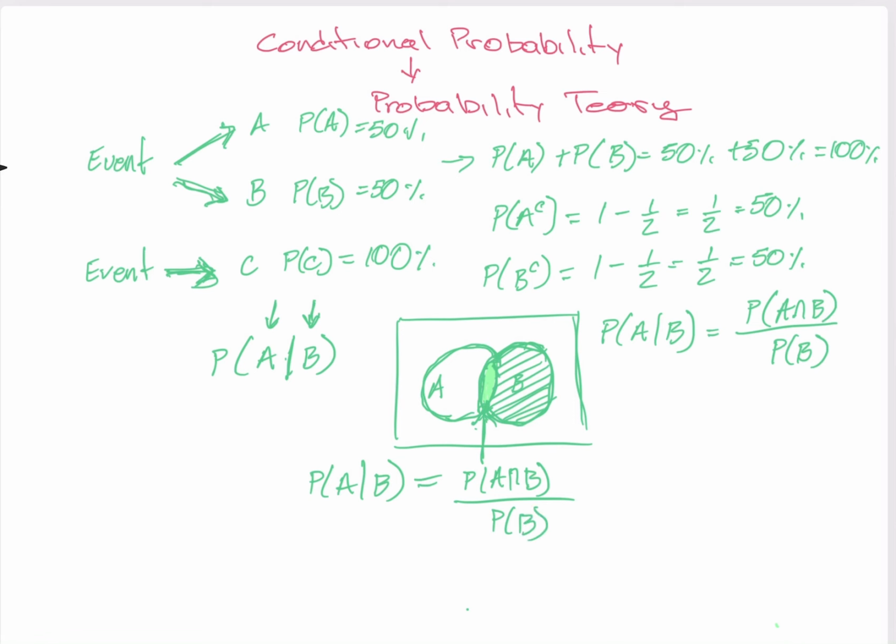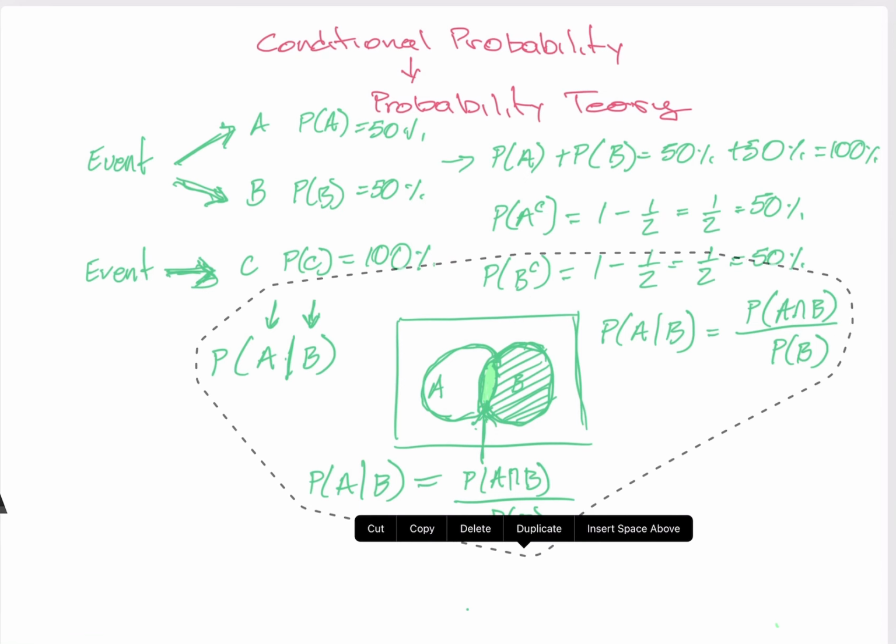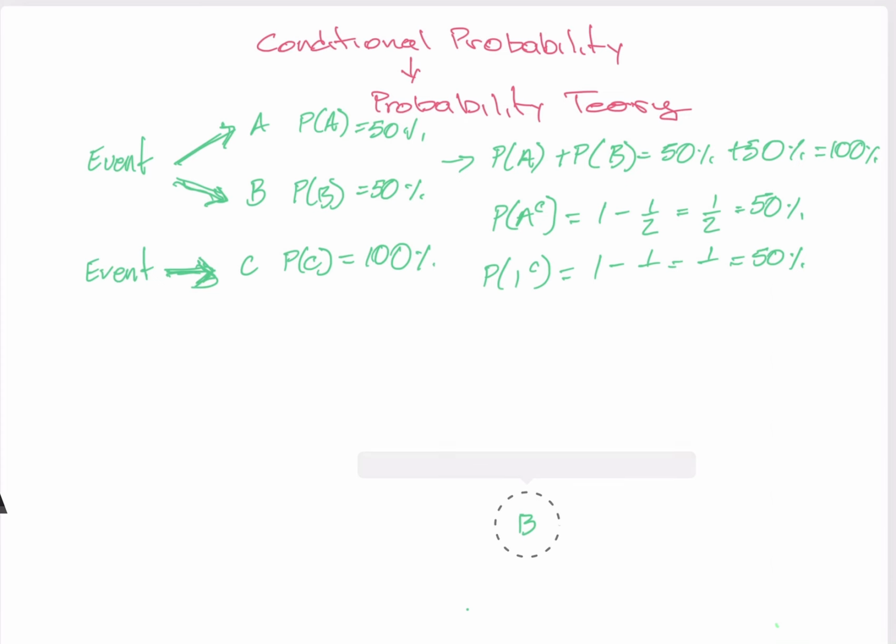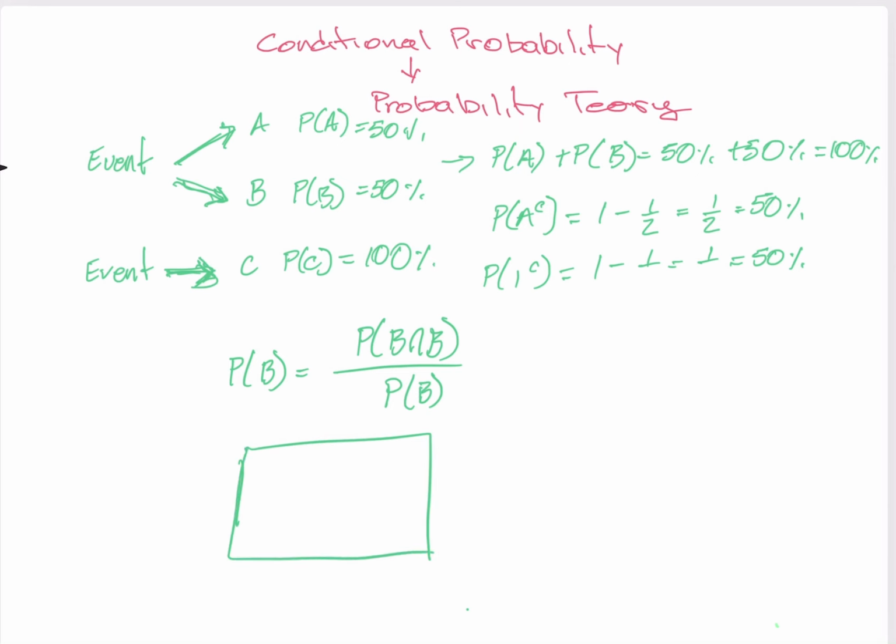Let's say the probability of B given B is equal to the probability of B intersection with B over the probability of B. This is B, the event B, and the intersection with B is the same because it's the same.